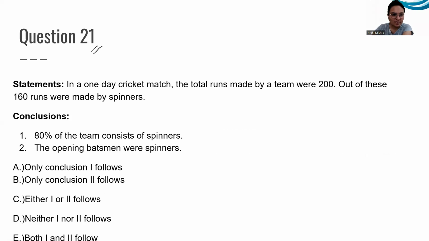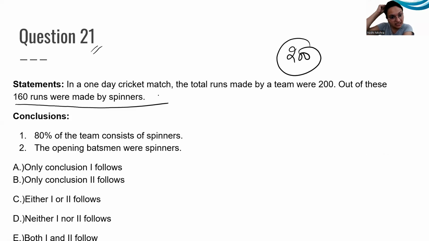Question 21. Let's see this. Statements. In a one-day cricket match, the total runs made by a team were 200. Out of these, 160 runs were made by spinners.